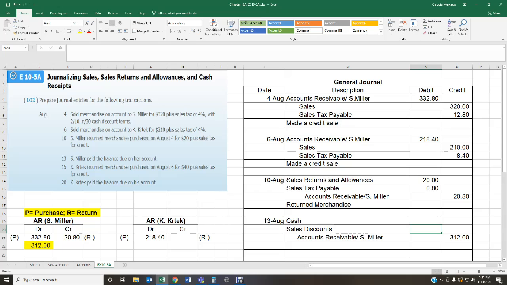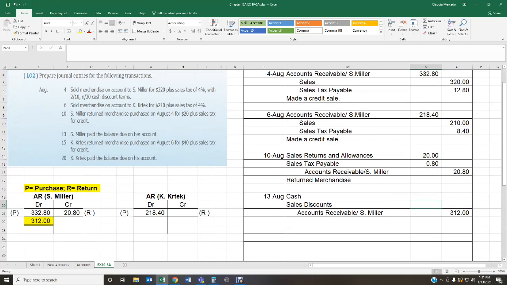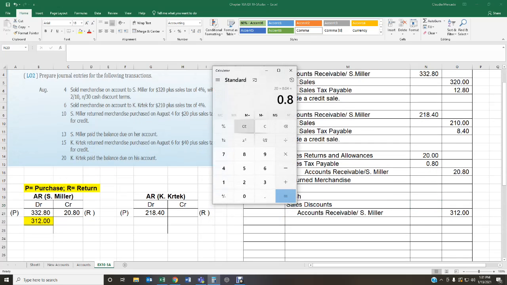Now we need to figure out the sales discount. The sales discount is only going to take into account the sales transactions. So on the 4th, I had a sale of $320. Then on the 10th, we had a return of $20. So the actual sales were $300.